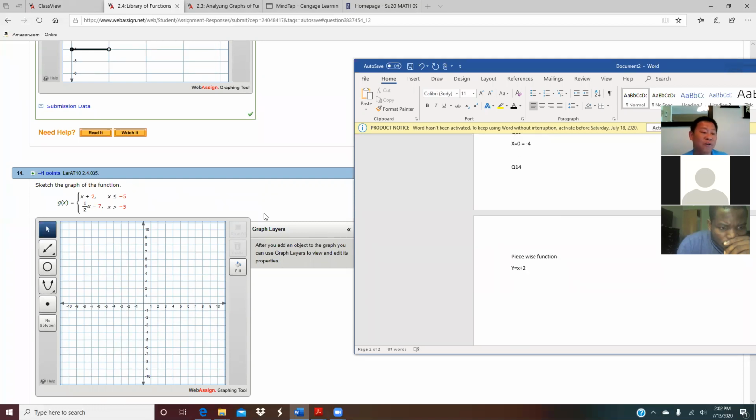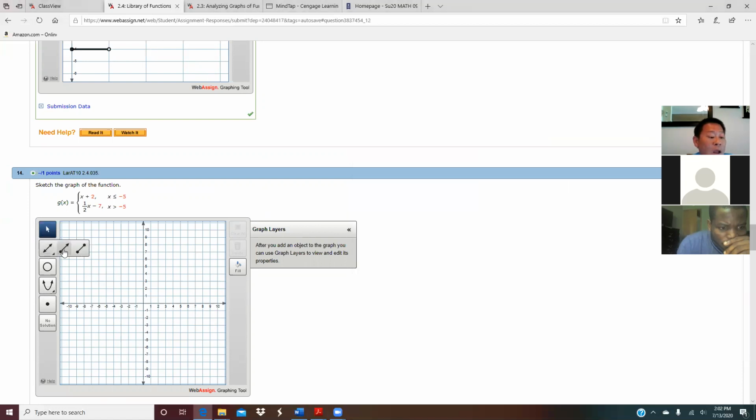I just changed my g of x to become y. But x in this case has to be less than or equal to -5. So what we do here is you just graph y equals x plus 2, but it's a ray. So you're going to use a ray here. The reason why we use a ray here is because it is not the whole line. You just get part of the line.